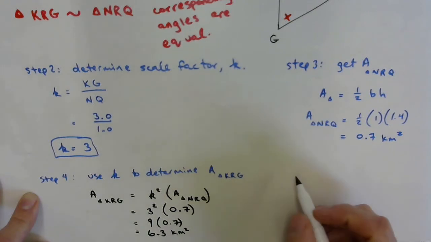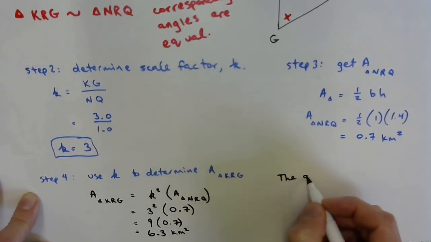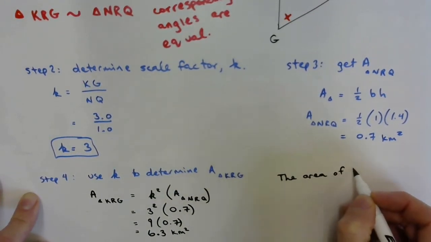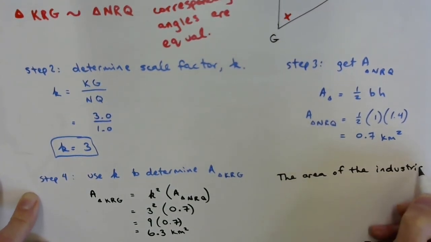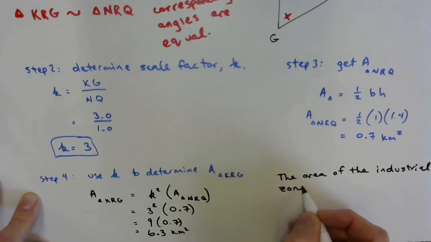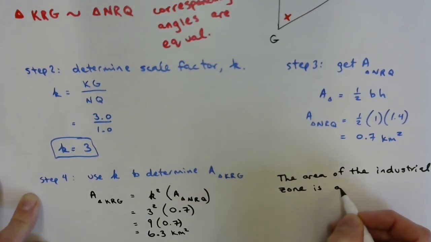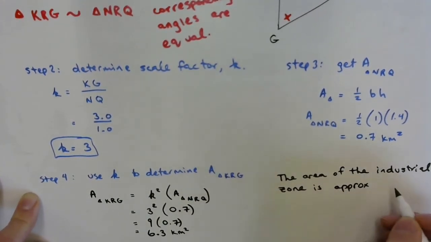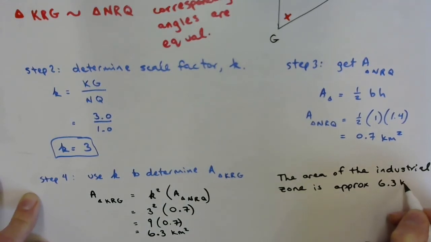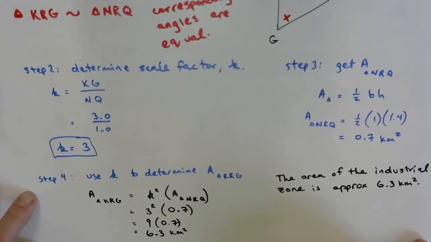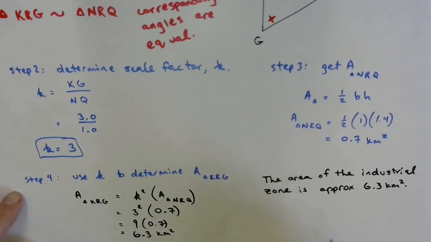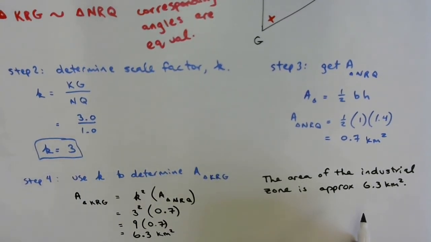Okay, wrap it up with a final statement. The area of the industrial zone is approximately 6.3 kilometers squared. In this case, they actually gave us exact measurements, but it seems more likely that it's an approximation.